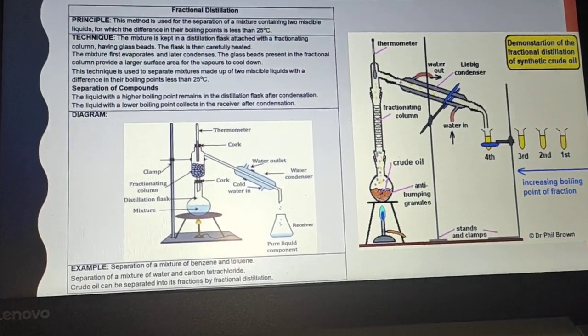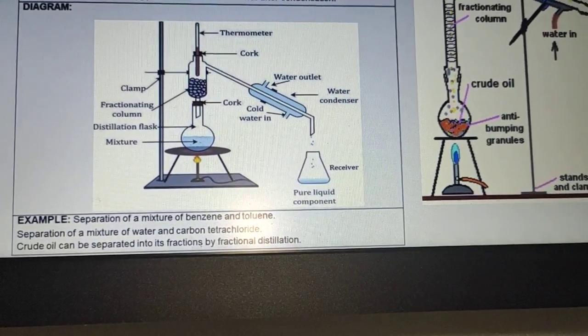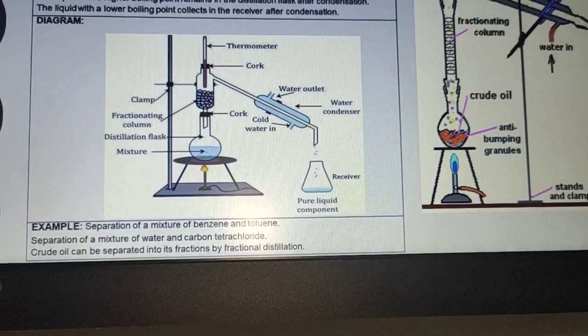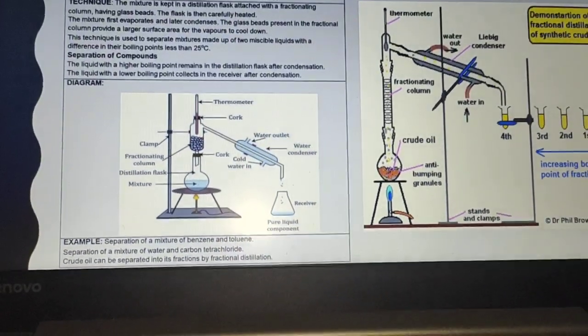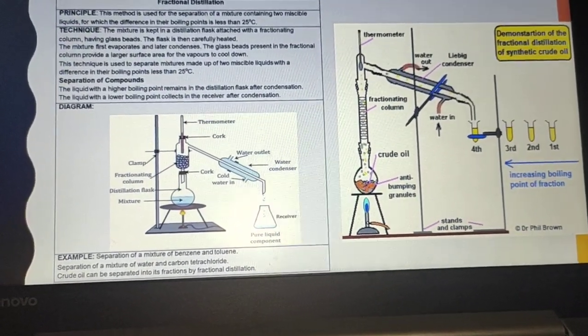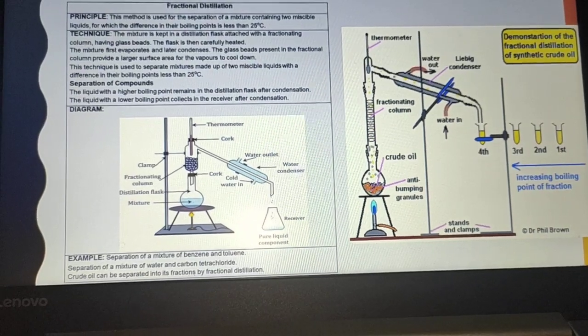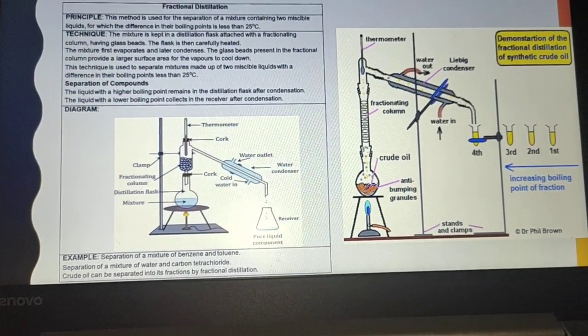You can see here a fractionating column which contains beads. These are known as borax beads. I cannot explain it in the diagram, but this can be used in further higher studies: the borax bead is used to convert the vapor into liquid form in the fractionating column, and that also regulates the temperature.